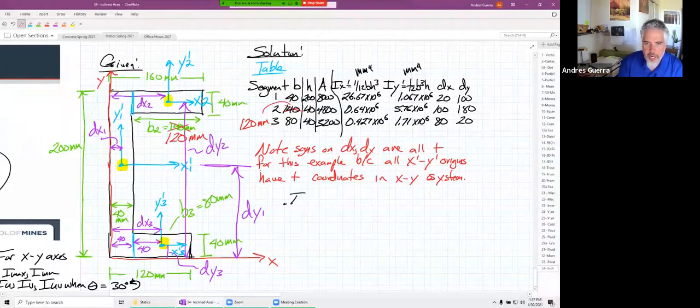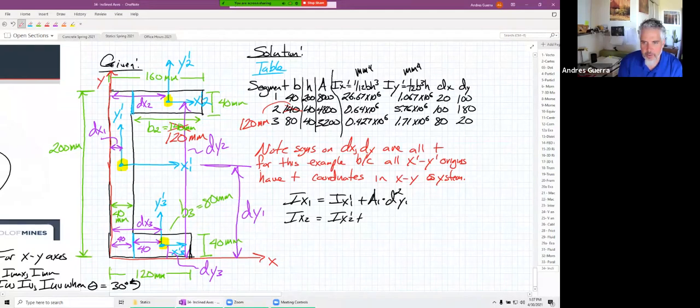Now we can find Ix. Ix for segment 1 is going to be equal to Ix prime 1 plus A1 times the distance between the x-axes. That's a y distance, dy1 squared. We would find Ix for segment 2 would be Ix prime 2 plus A2 times d sub y2 squared. And then Ix for segment 3 would be Ix prime 3 plus A3 times d sub y3 squared.